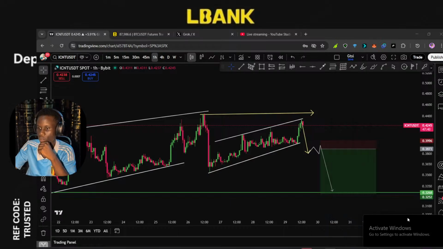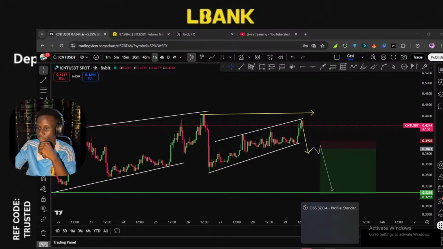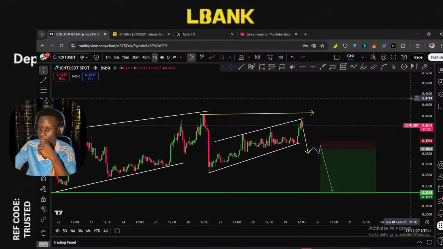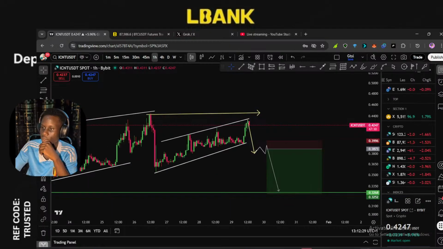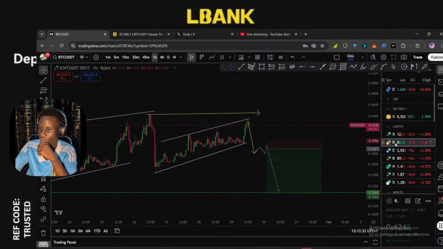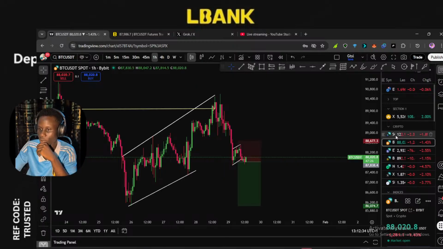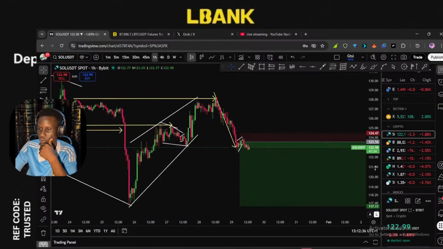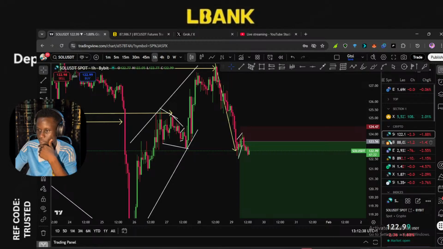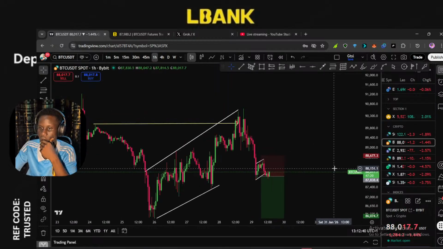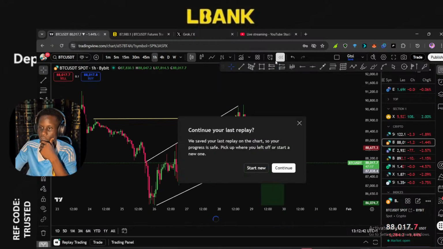So back to BTC USDT. I was trying to explain how to trade your stop loss so you can manage your trade properly. So let's take price back to where we are.